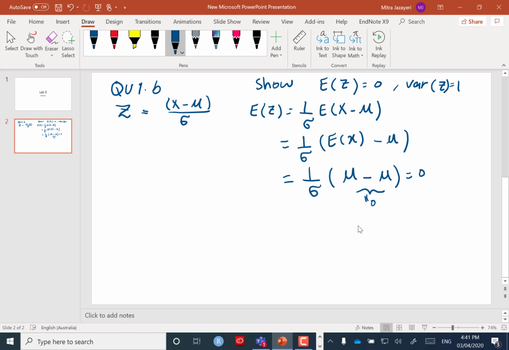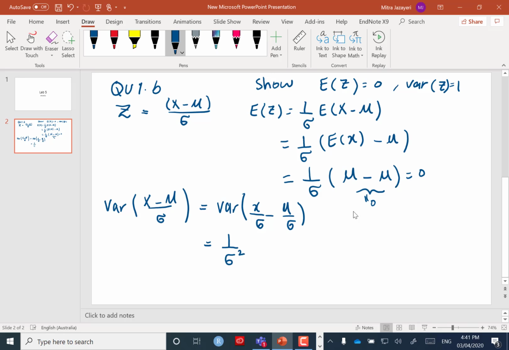Now, for variance of z, we put it as variance of x minus mu over sigma. So it would be variance of x over sigma minus mu over sigma. And that one would be equal to 1 over sigma squared. And variance of mu over sigma, this is a constant, is 0.